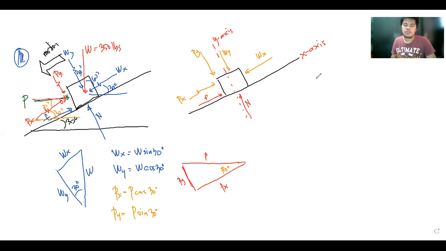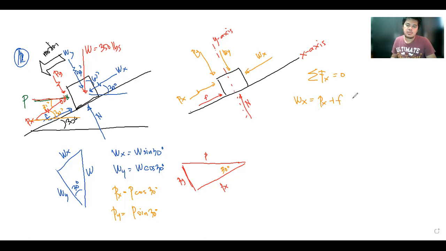Okay. So if we do summation of forces along x, that would be 0. What are the forces along x? We have Wx, which is equal to Px plus F, the friction force.